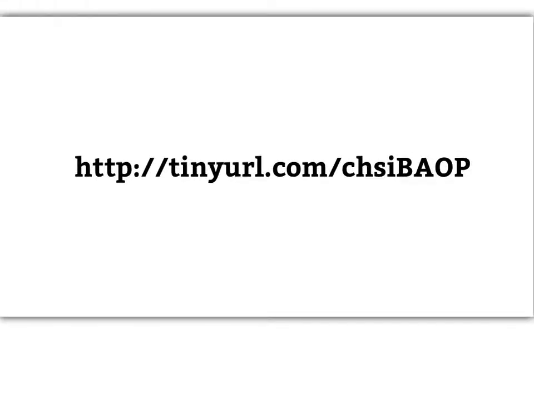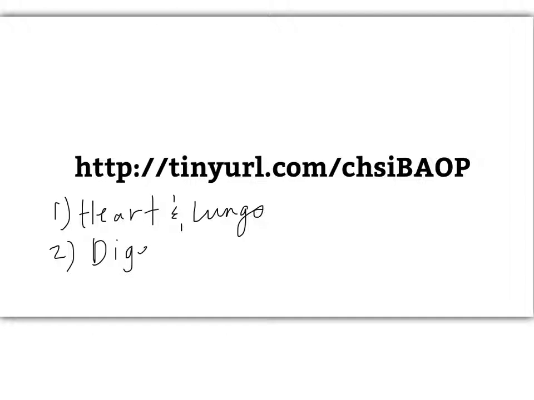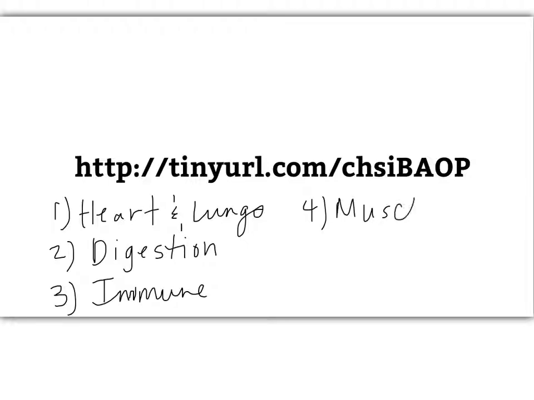So, 1 is heart and lungs. 2 is digestive. 3 is immunity, so the immune system. 4 is muscles and bone. 5 is the nervous system.